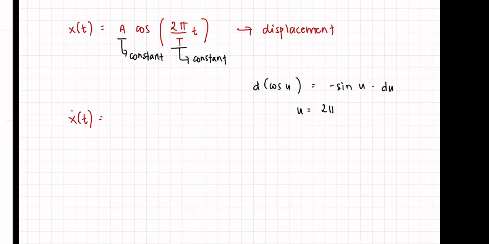Okay? 2π over T times t yung u natin. So, ang derivative natin ngayon ng cosine is negative sine of 2π over T t times anong derivative ng u natin? 2π over T. Okay. Ano ang du natin? So, kung treated as constant yung 2π over T, anong du natin?